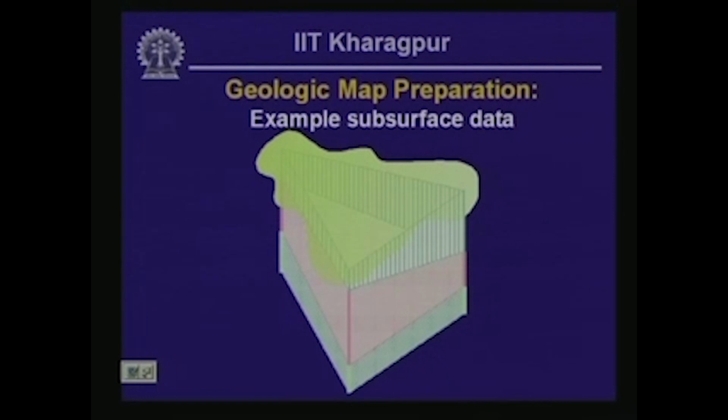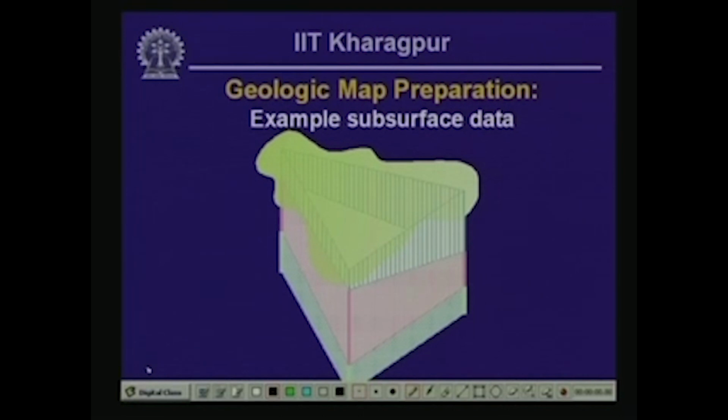Then we consider an example subsurface data set, and we look at how this kind of data set is typically interpreted. What is shown on this sketch are 3 boreholes. One borehole is here, we may call this borehole 1.